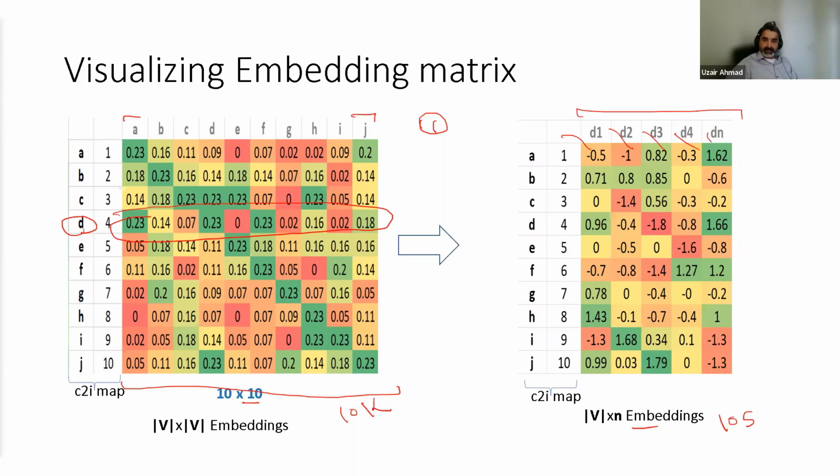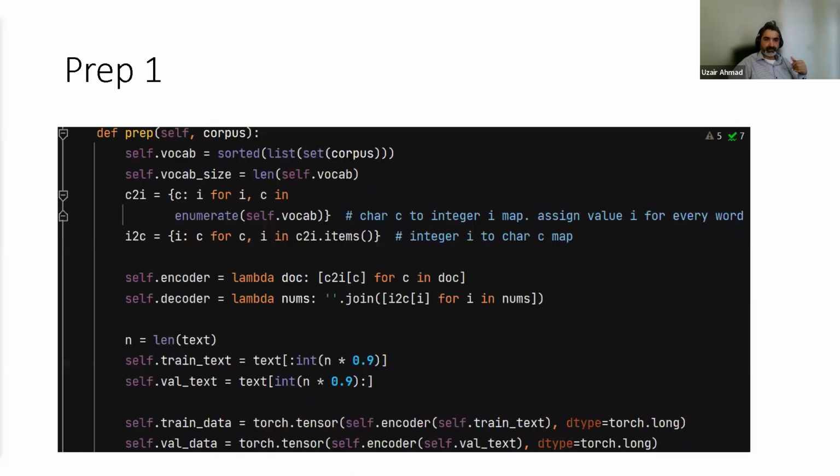So the same code that we had before, if you remember, we take the archive and prepare it by first creating a dictionary where every token is mapped to an integer. And then every integer is mapped to the corresponding token that we pick from the C2I dictionary.